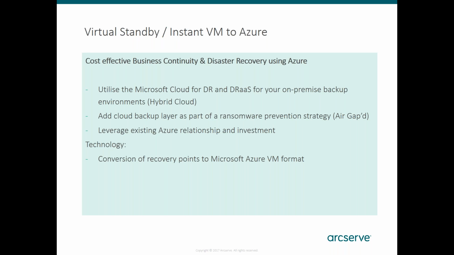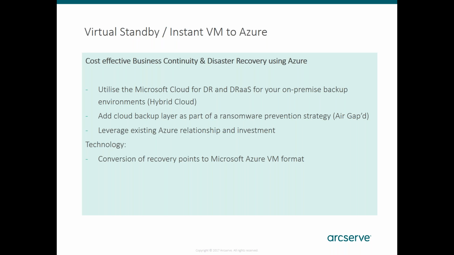From a commercial perspective, you will already have a cost model, worked through your partner, into the Microsoft cloud. So using us to provide disaster recovery in the cloud is no great leap, but it helps organizations to leverage the cloud in a better way to provide DR as a service from your on-prem environment using Arcserve UDP. But as I mentioned before, it can also be used to protect Azure compute.